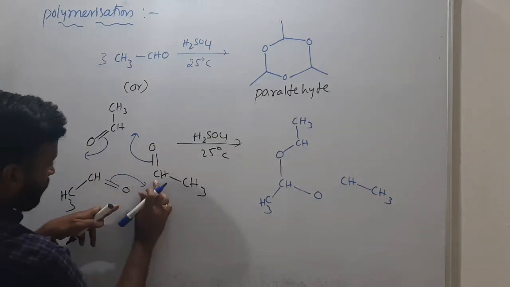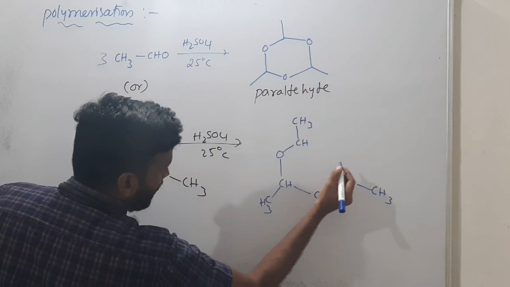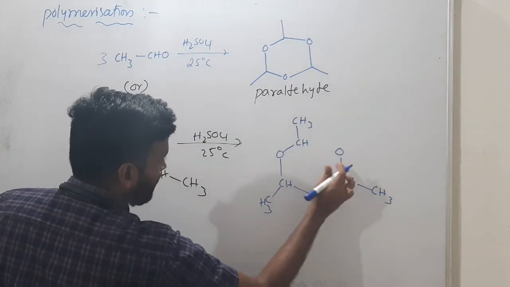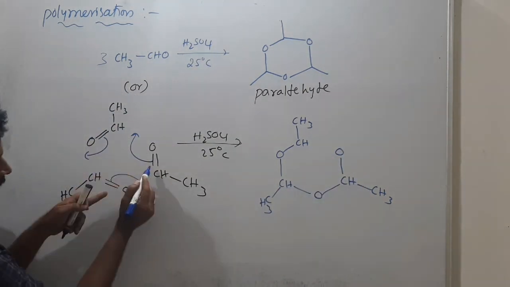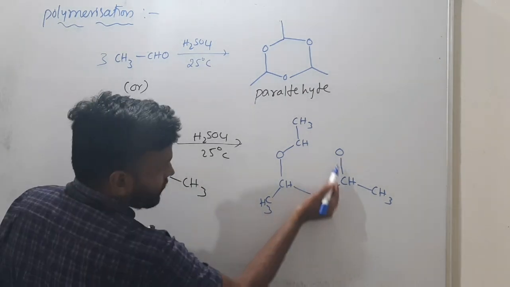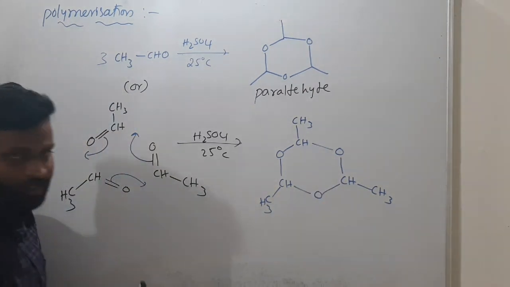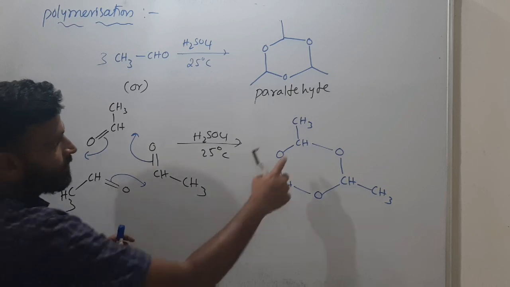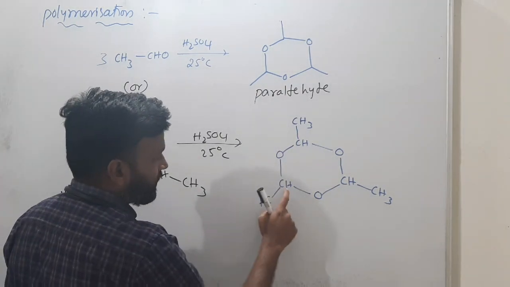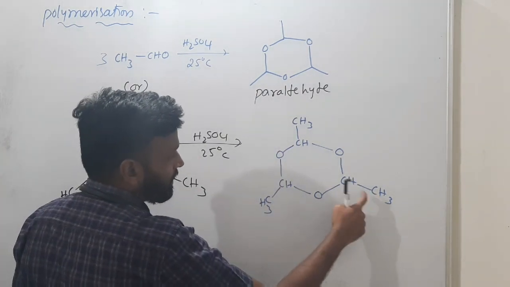Understanding everyone? Between these two there is a new bond, and here it will be oxygen. Previously it was a double bond, but the pi bond migrated. So what you have is CH3CHO, CH3CHO, and CH3CHO.